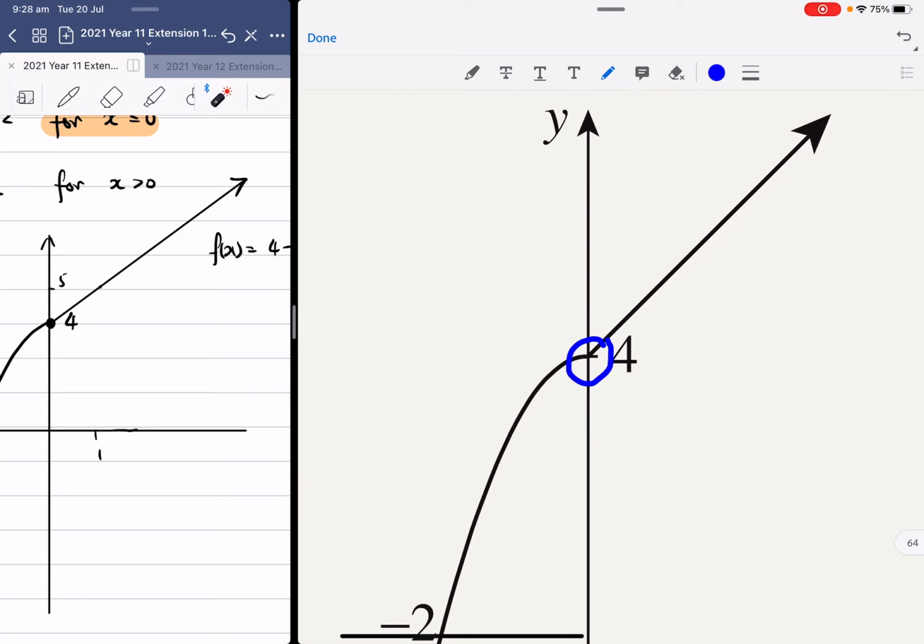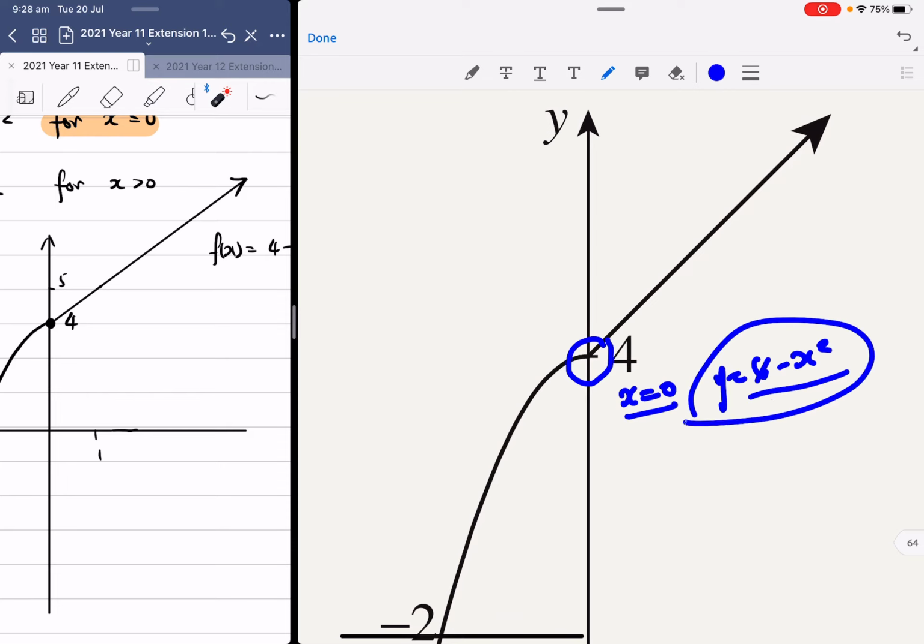Actually, this is also a sharp point, but when x is equal to 0, you do know the domain belongs to the first function, which is y equals 4 minus x squared. So in that case, yes, it is still possible to differentiate at x equal to 0, but you're going to choose that function to differentiate instead of this function here. Okay, does that make sense?